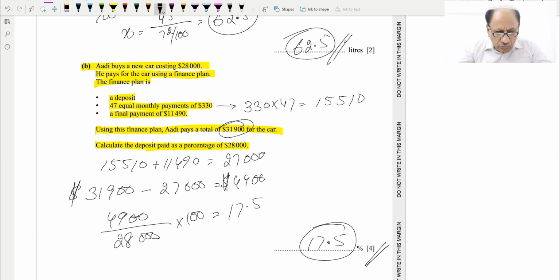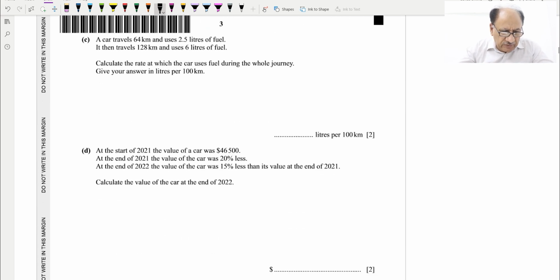Hopefully you understood this. Now part C says a car travels 64 kilometers and uses 2.5 liters of fuel. It then travels 128 kilometers and uses this much. So we can calculate the total distance.